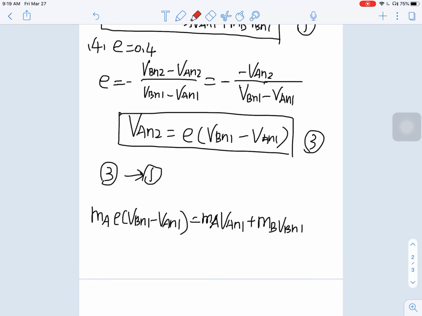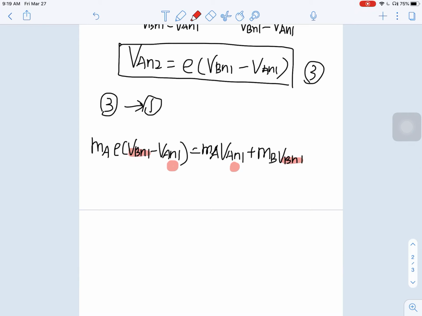If you look at this equation, VBn1 is something we're trying to solve, and VAn1 is given as the initial speed of A. Then we can put all the VBn1 terms on one side of the equation.